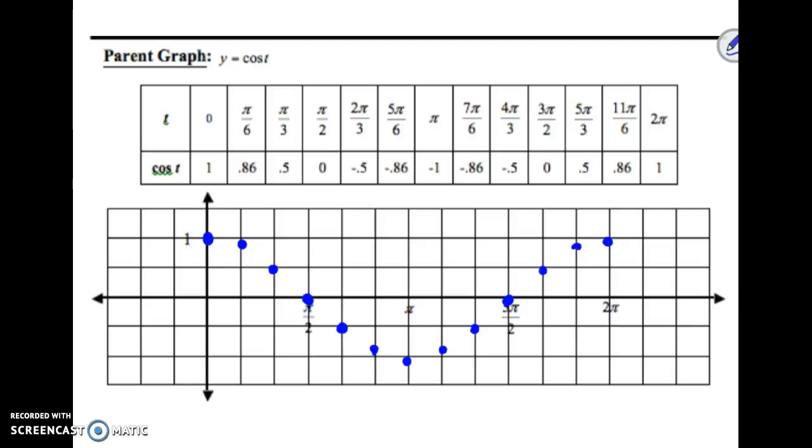We can go ahead and connect our points, and then we can see the shape that the graph of cosine t makes. It looks different. One period of cosine t looks different than one period of sine t. So let's go ahead and draw our picture frame in here for one period of cosine t.